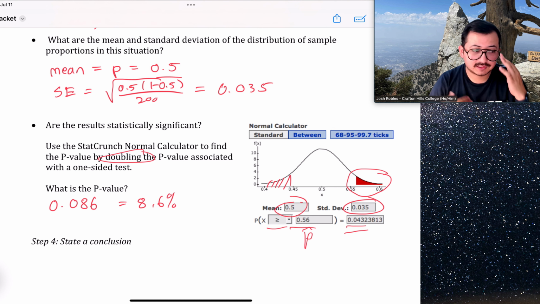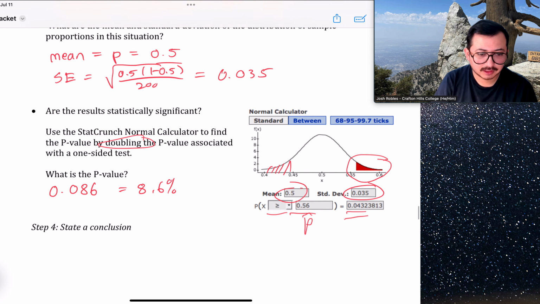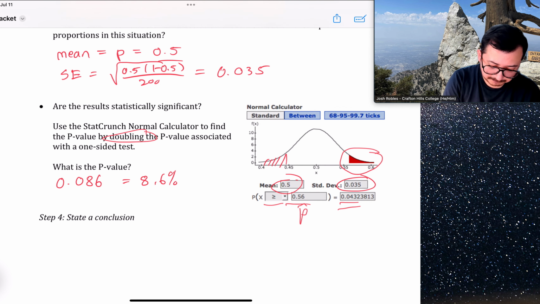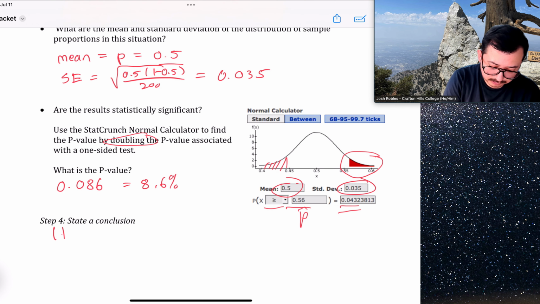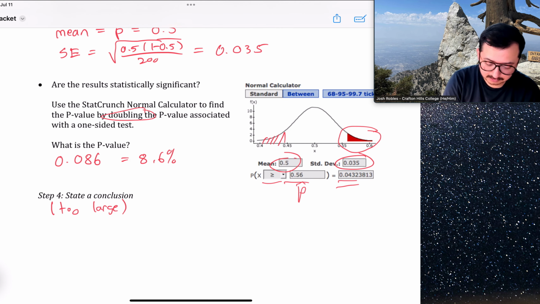And so we have to decide if it made more sense. Did we really know ahead of time that we expected Crafton students to draft more frequently? In general, the p-value is too large. So the technical answer that I'm least interested in is: fail to reject the null hypothesis.